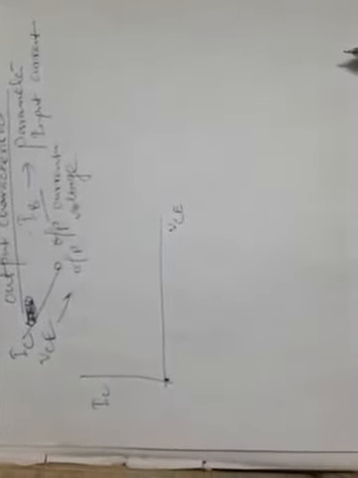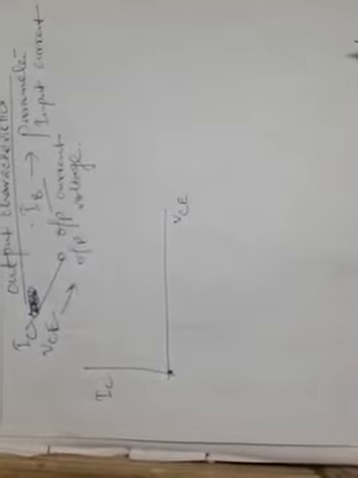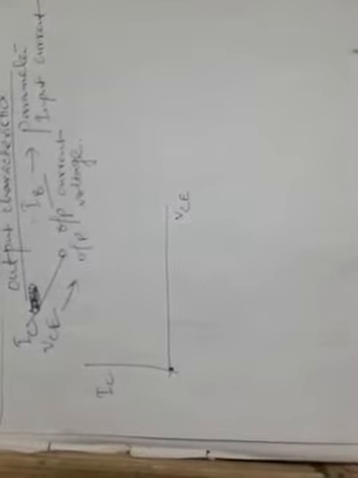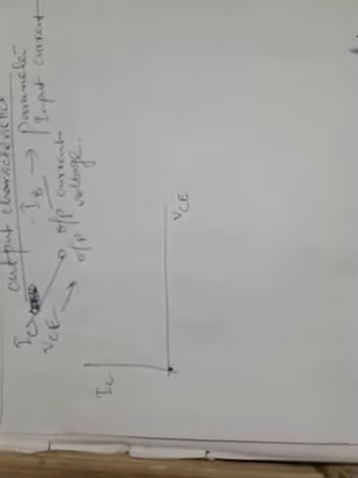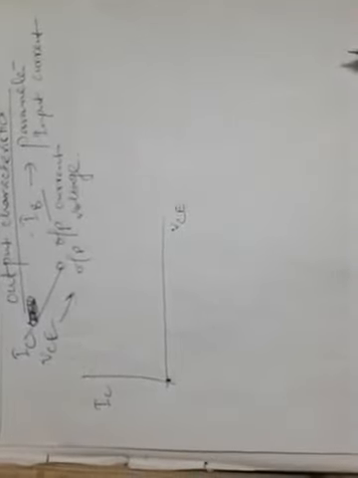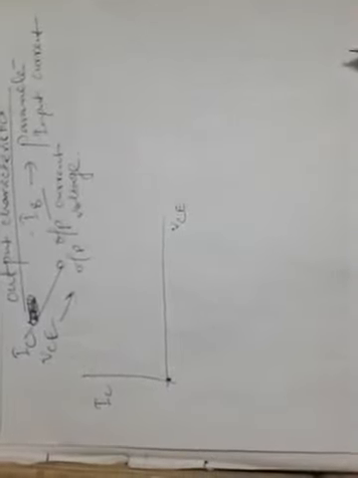Now suppose VCE is 0, that means it is lying over here. The collector diode is not reverse biased, because if VCE is 0 there is no reverse biasing. When there is no reverse biasing, the attraction of the electrons at the collector will not be made by VCC.